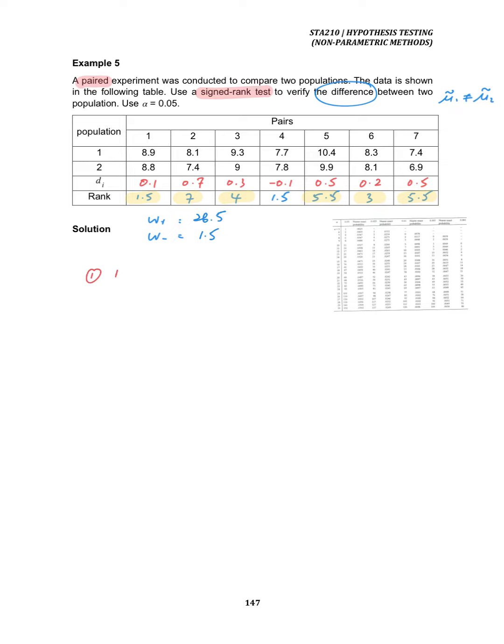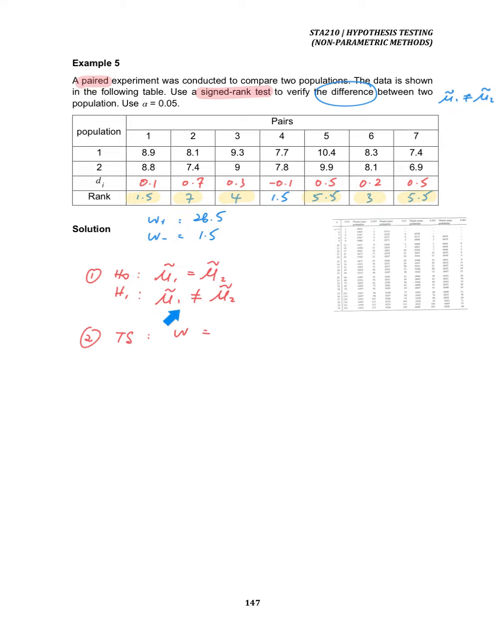Now we can develop our 5 steps. Number 1, the H naught and H1. Median population 1 equals median population 2 versus median population 1 not equal median population 2. So this one is a two-tailed test. Number 2, our test statistic is the smallest value between W plus and W minus, so kita gunakan notation W. So W equals 1.5, the smallest between 26.5 and 1.5.